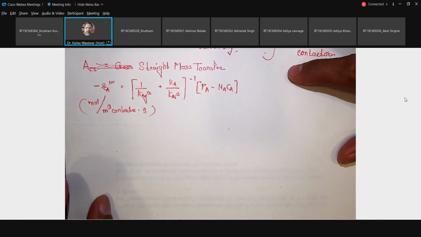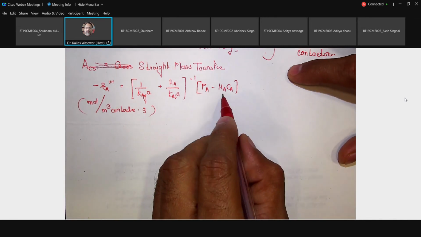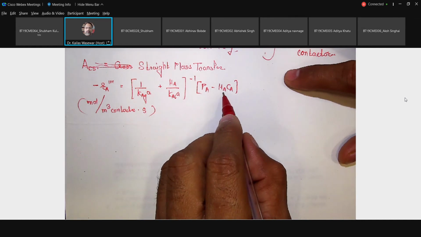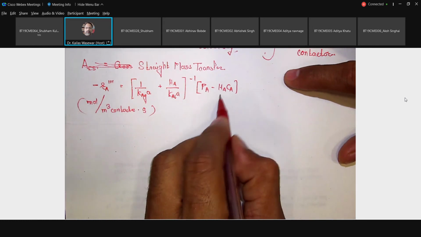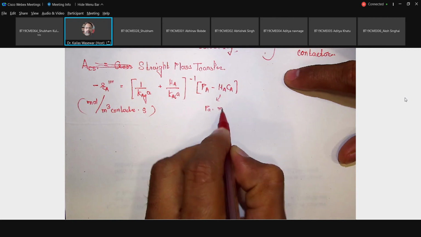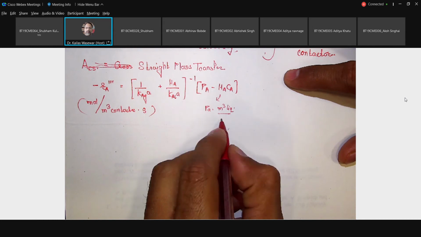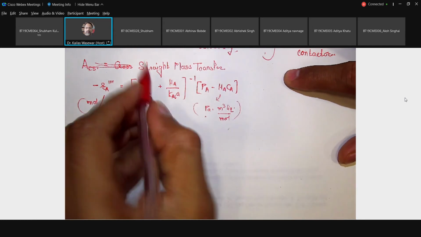And HA has the unit of what? Pascal meter cube liquid per mole. This is the pressure unit in Pascal, and meter cube liquid because it is a concentration term with mole. So this was the equation for straight mass transfer.